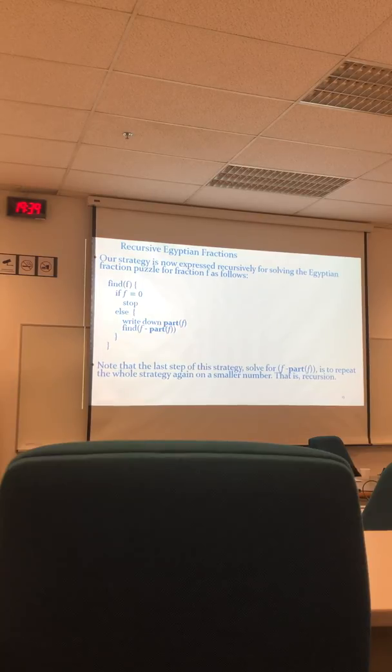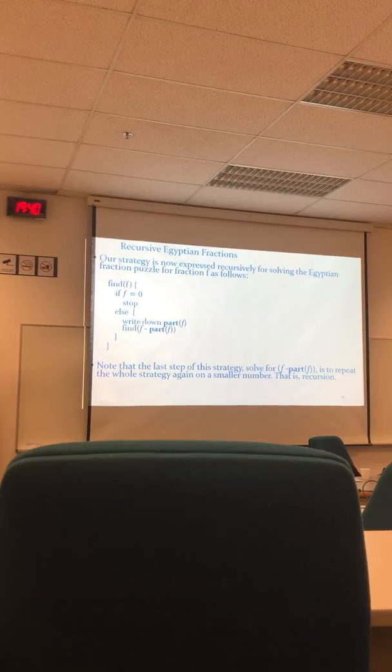When f is not 0, we write down part f. Part f is using the function 1 upon ceiling. If f is x upon y, then part f is 1 upon ceiling of y upon x. The other way around. Right now, part f. Then after that, find f minus part f. So this is the way to find the Egyptian fraction. This small algorithm is to find the Egyptian fraction.